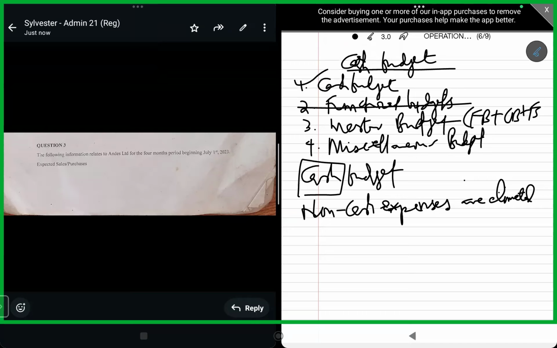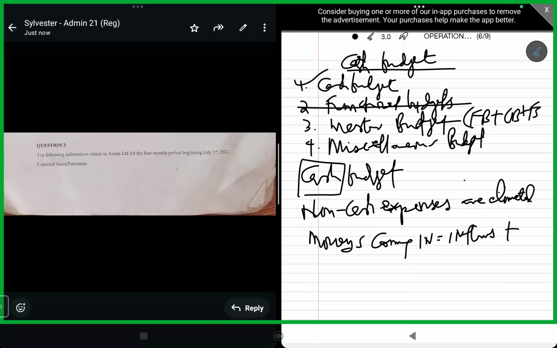When we talk about cash budgets, we will say that all monies coming in are called inflows. They are positive.